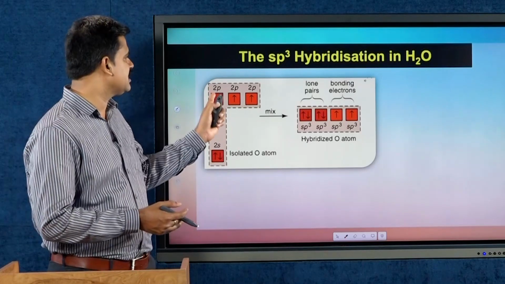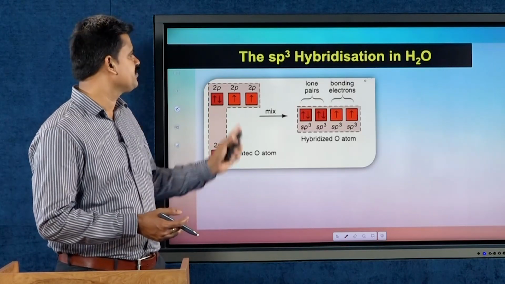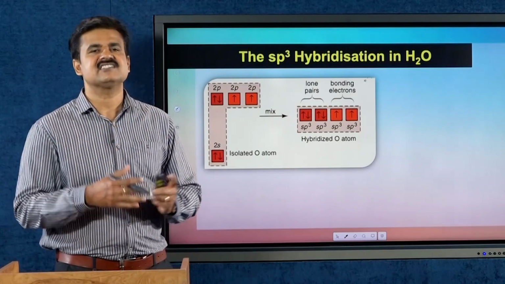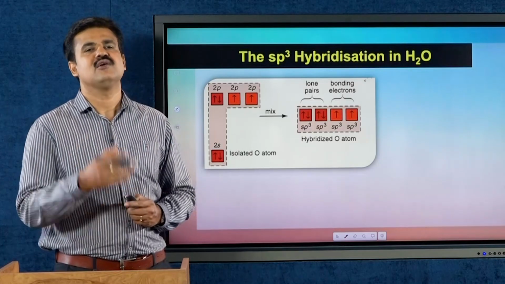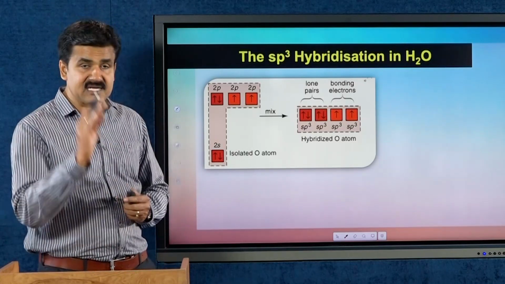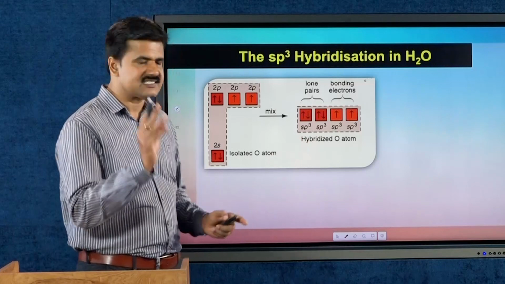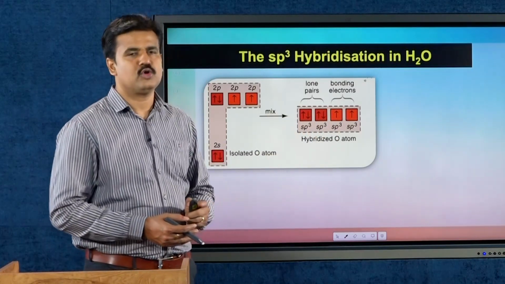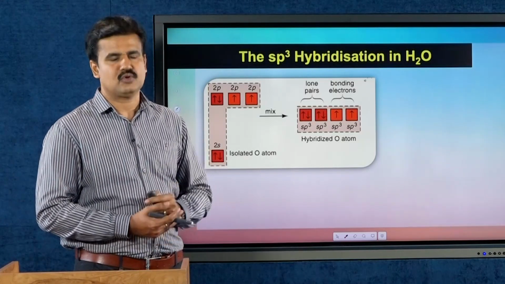Here you can see the presence of 2 lone pairs and 2 half-filled orbitals. But these orbitals are different in energy, so they will undergo mixing to produce 4 sp3 hybrid orbitals. Among the 4 sp3 hybrid orbitals, 2 of them are half-filled orbitals and 2 of them are lone pairs or filled orbitals.